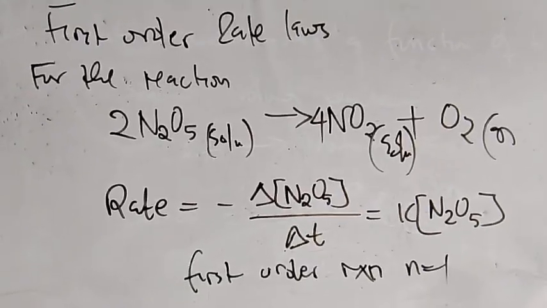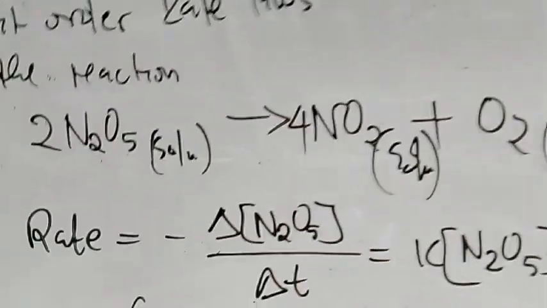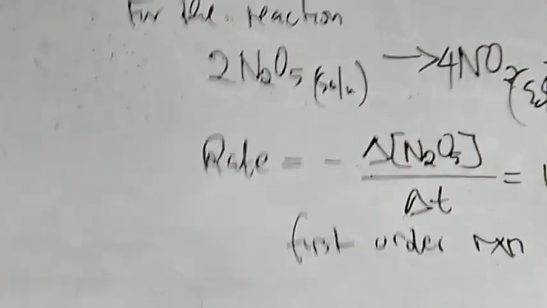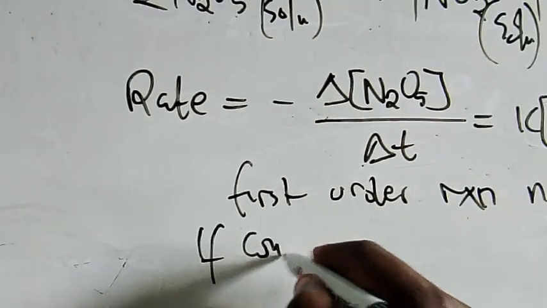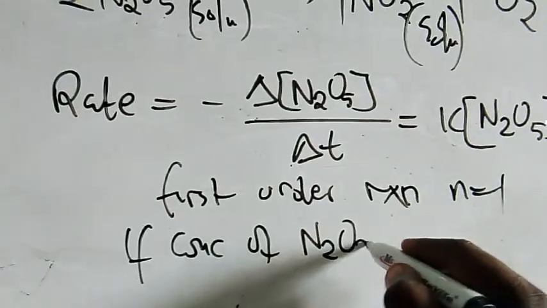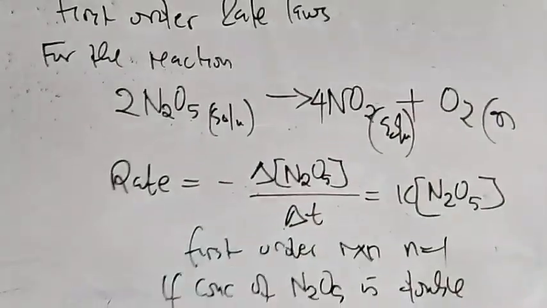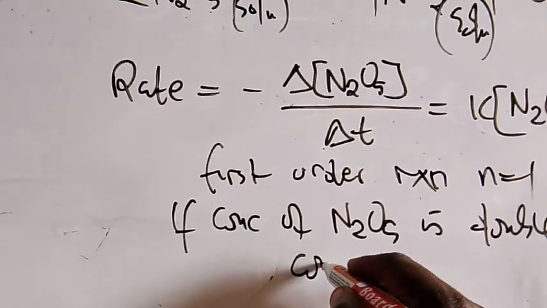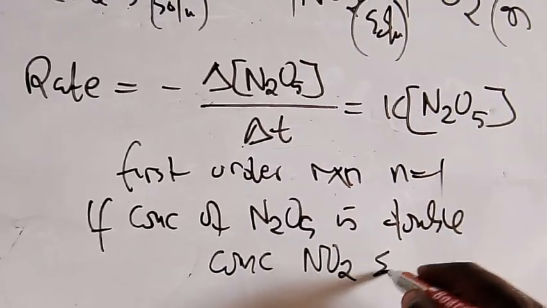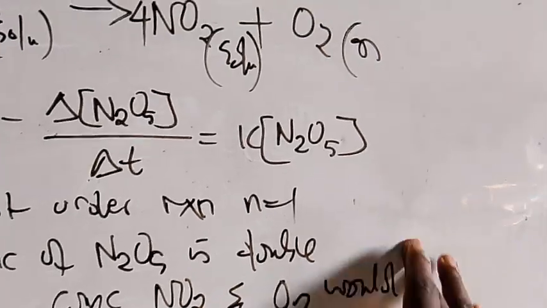This means that if the concentration of nitrogen pentoxide N2O5 is doubled, the concentration of nitrogen dioxide and oxygen would double as well.